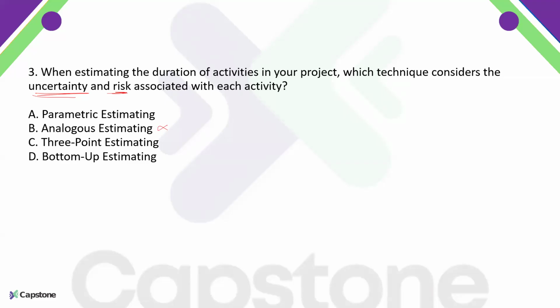Yes, this can be an accurate method because of the detail involved, but it does not specifically focus on uncertainty and risk for each activity. My thinking was that parametric and analogous are done at the overall project level, or on the overall scope level.